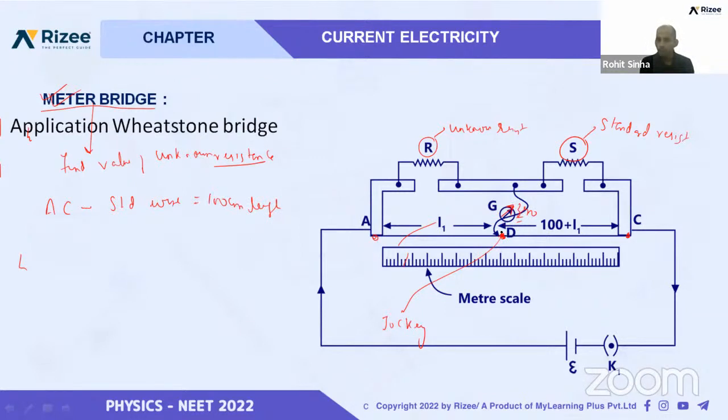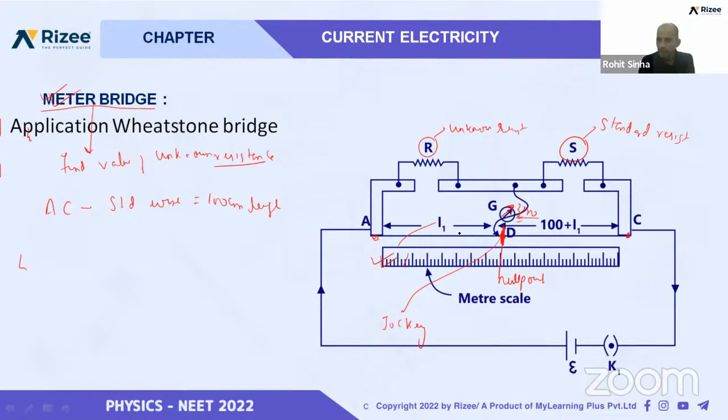We fix it at the null point, where the deflection of the galvanometer becomes 0 or null. Let us suppose we move along A to C and get the null point at D. The wire is 1 meter long, and parallel to it a 1 meter scale runs.